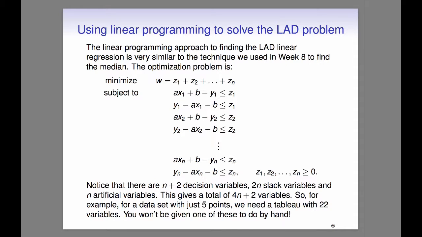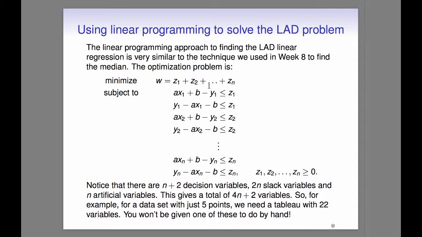And in the same way that the median could be written as a linear programming problem, the LAD linear regression problem can also be written as a linear programming problem. So the idea is to minimize a sum of these distances, and the idea that these numbers are absolute values is represented by two inequalities.